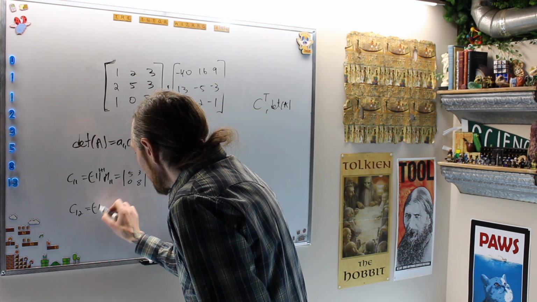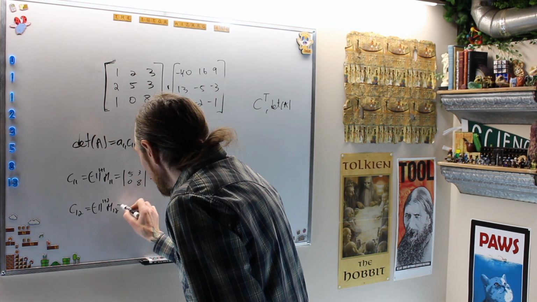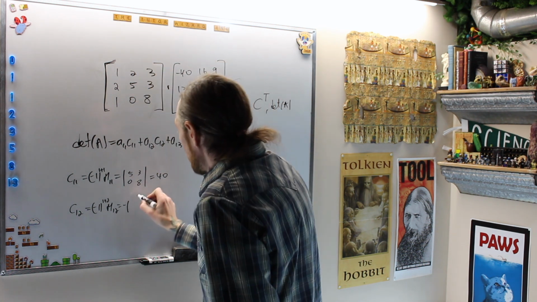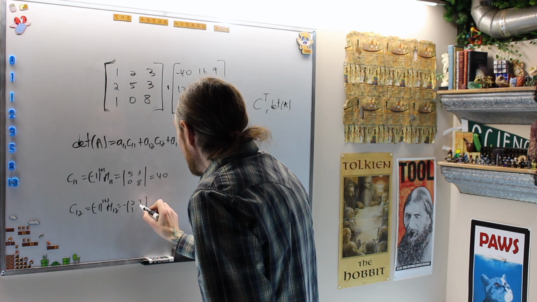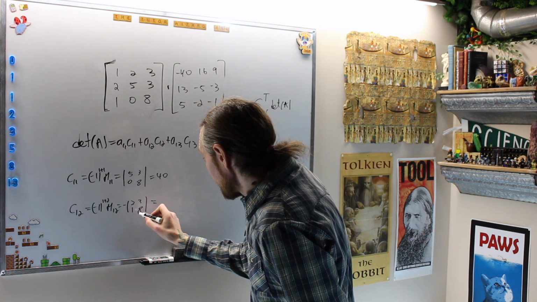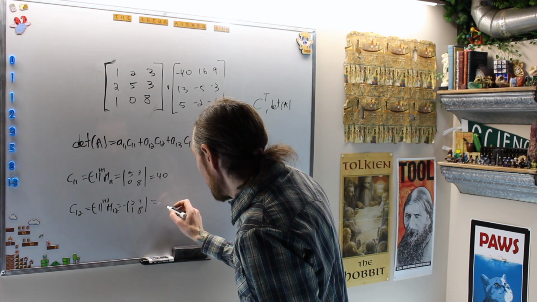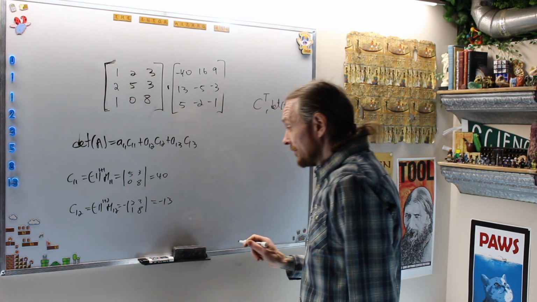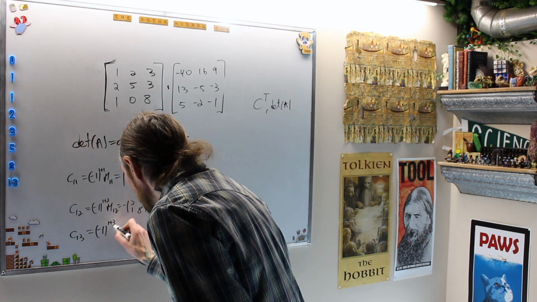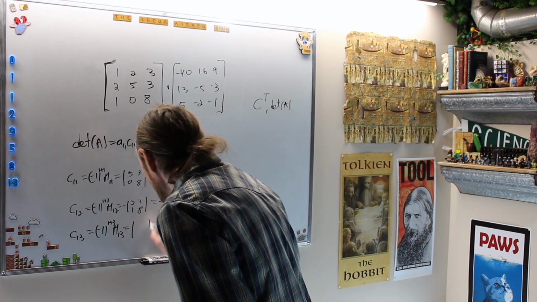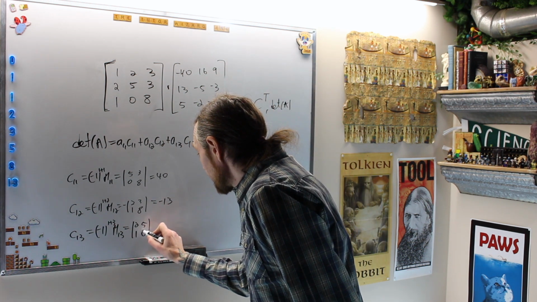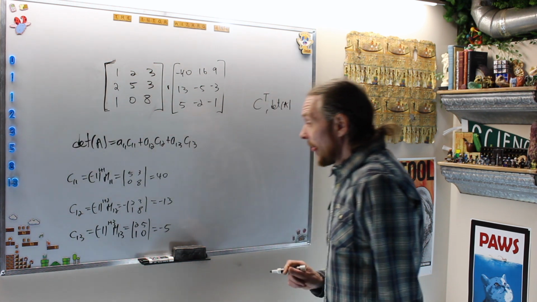C12 is negative 1 to the 1 plus 2 M12, which is negative M12, which is 2138, which is equal to 16 minus 3, which is negative 13. And C13 is equal to negative 1 to the 1 plus 3 M13, which is M13, which is equal to 2150, which is negative 5.